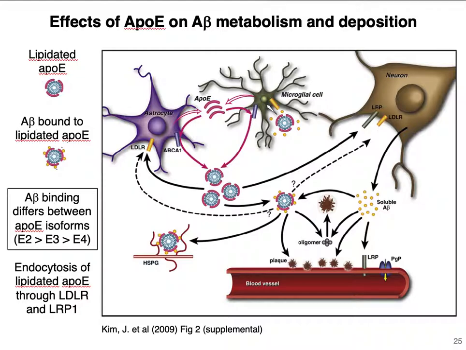So like LDL, and then that's taken up by endocytosis into the cell. LRP is related to this, so both of these are the receptors for the lipidated ApoE. But there's also feedback mechanisms, and this occurs even with liver cells and all cells. And remember, this is all part of the homeostasis of cholesterol.